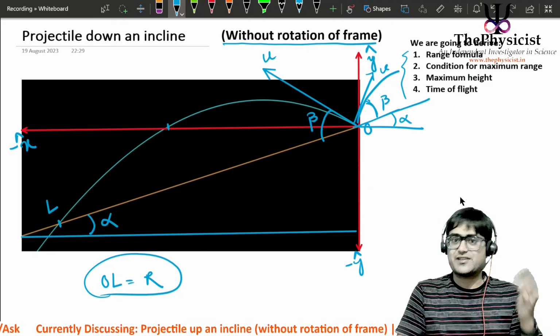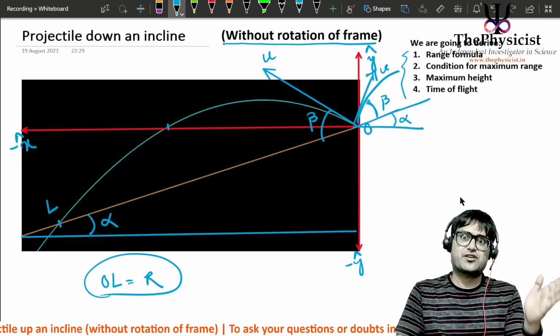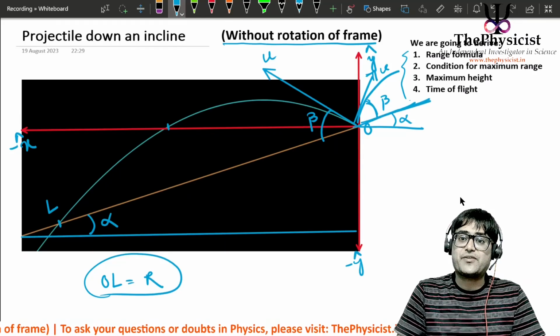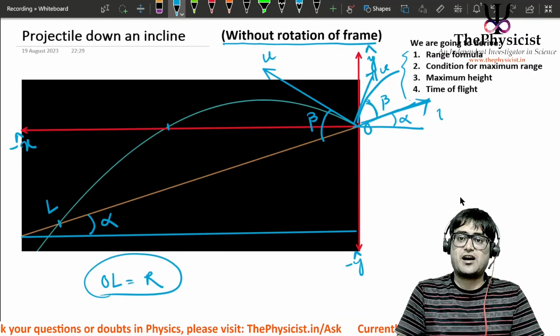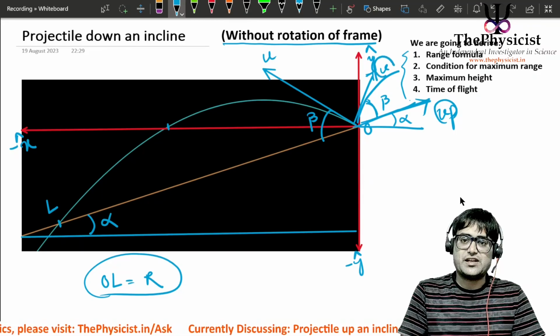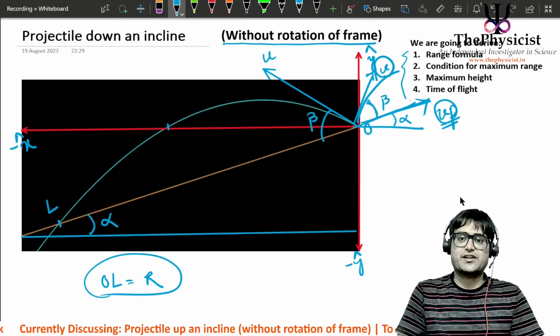In our previous case, it was the angle that the initial velocity used to make with the up the incline direction, right? This is the up the incline direction. So the initial velocity u making an angle beta along the up the incline direction.